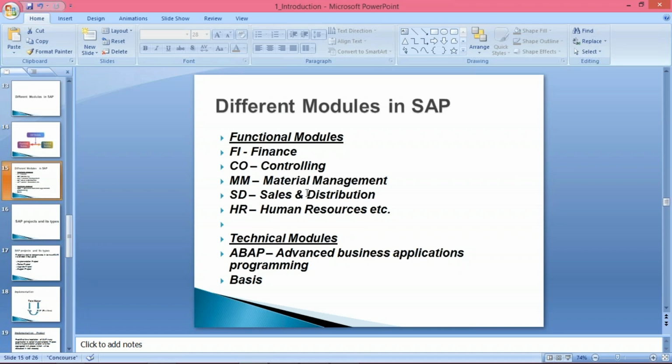Once I start the practical session, you will come to know the differences between functional consultant and technical consultant, what your activity is, and what activity belongs to the ABAP consultant and Basis consultant, what kind of things are being performed by these guys. All of this you will be able to understand once we start the practical session.